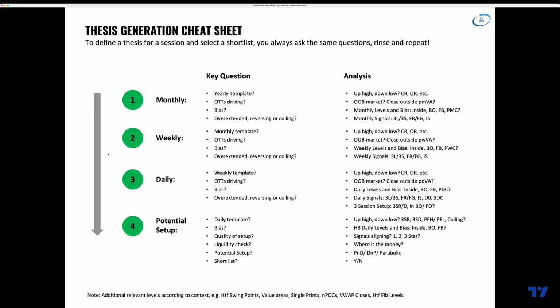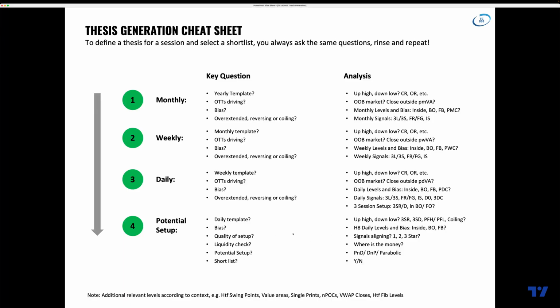So we had a signal on the daily, and then we check how it is aligning with the weekly and the monthly bias. If we want to look for a breakdown continuation trade, for example, then we of course want to have the weekly and the monthly bias in our back, and also the other time frame traders driving in this direction. Looking at that, we determine the quality of the setup.